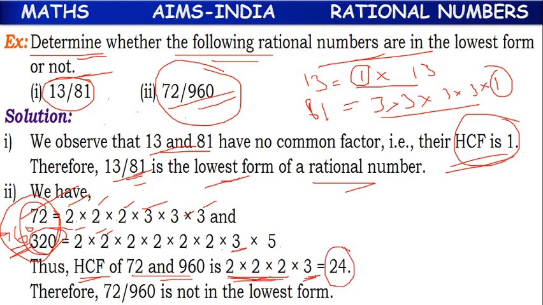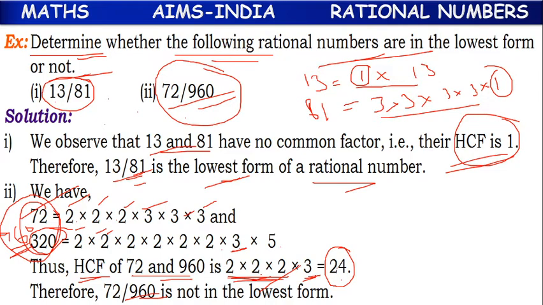Means 24. Their product is 24. 24 is the common factor. So now this 72 by 960 is not in the lowest form because they have a common factor other than 1. Their HCF is 24, not 1.